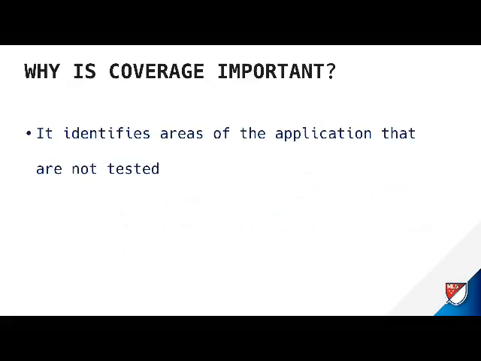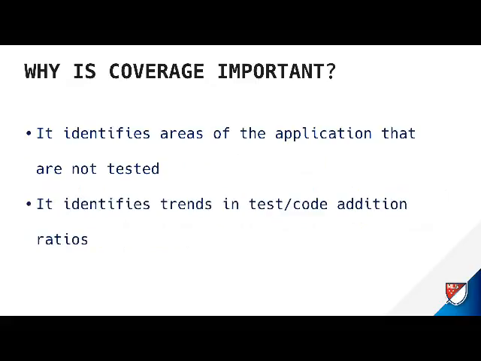So why is coverage important? It identifies areas that are not tested. It identifies trends in test code addition ratios. So this will help you identify things like fatigue, or maybe you've done a lot of onboarding, you brought on a whole slew of new developers, and you're starting to notice that test coverage is decreasing but the amount of code being committed is greatly increasing.